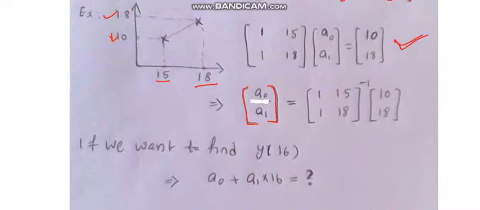So a0 and a1, and you will be having this kind of matrix representation with these values. So what we are representing here is that this term is the inverse of this matrix. If you take the inverse of this matrix and multiply with this matrix, that is matrix multiplication, then you will get these coefficients a0 and a1. Very simple mathematics, linear algebra.